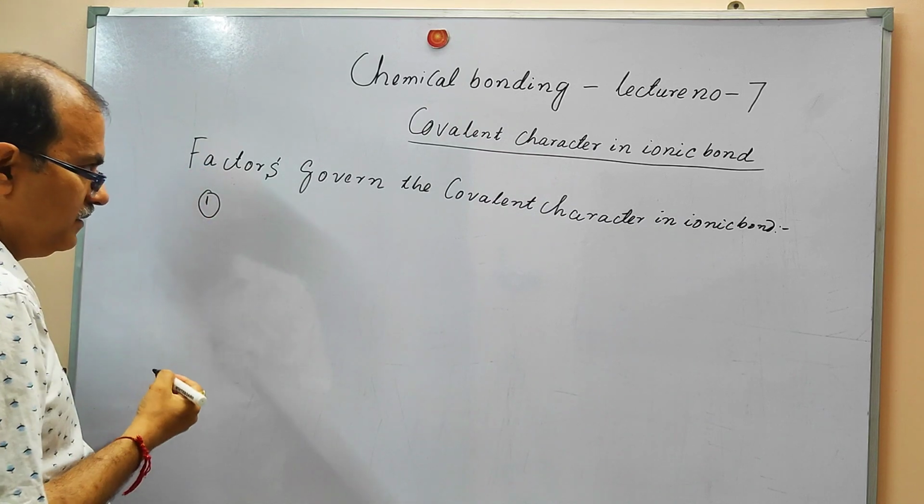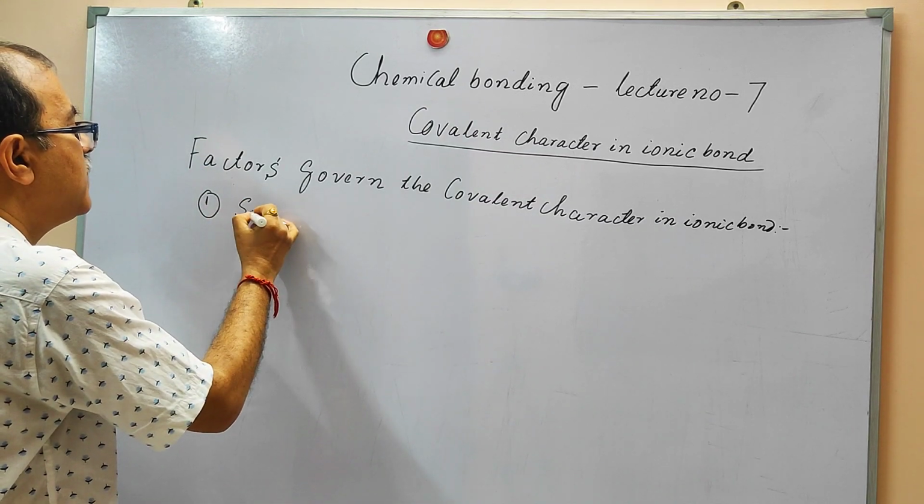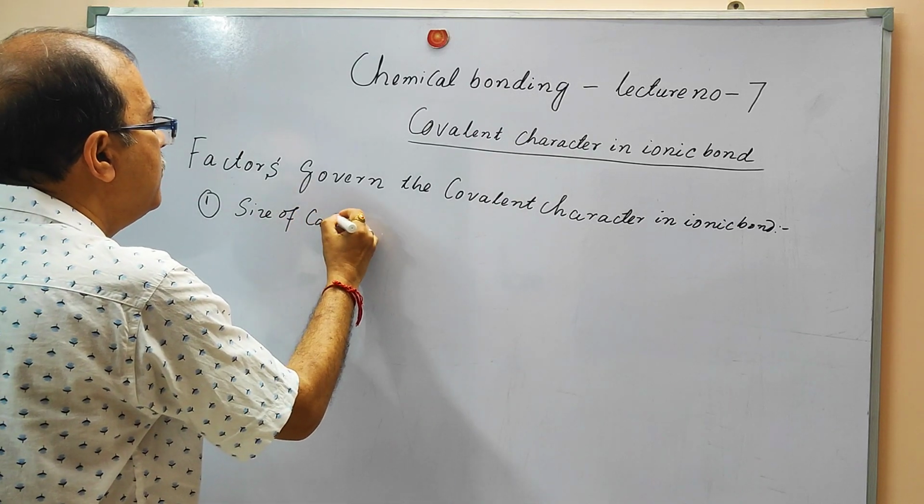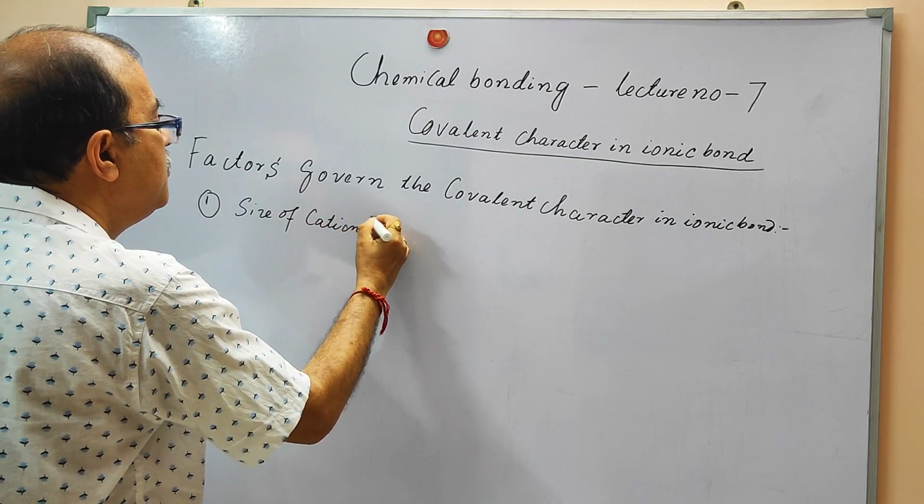Number one factor is the size of the cation or anion.